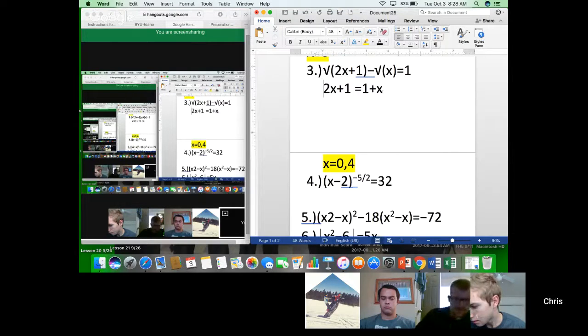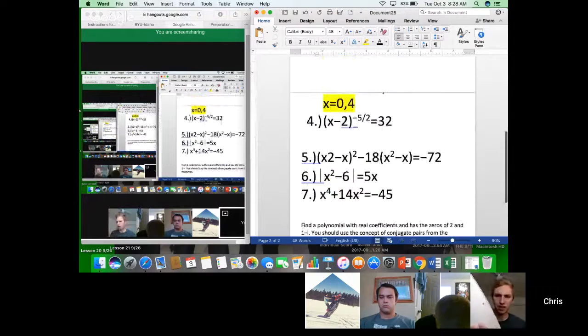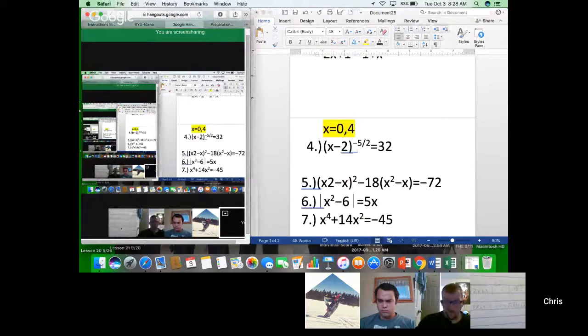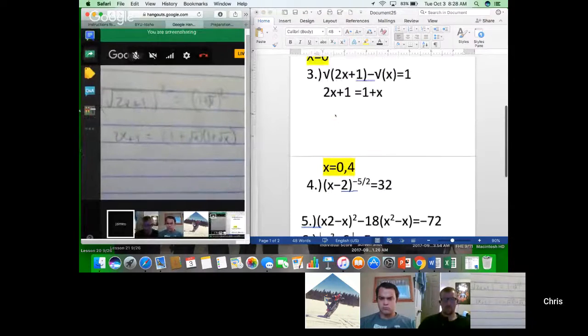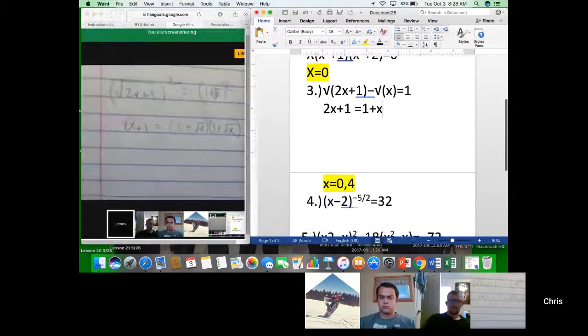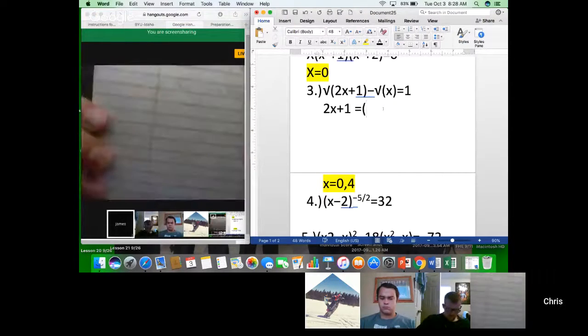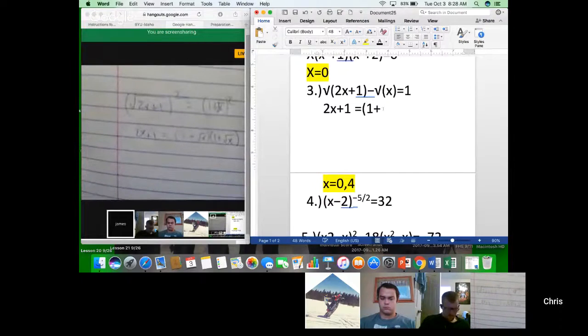I see what you're saying. What does it look like? Like you factor it out instead of getting rid of the radical. Oh, just hold it right there. So it'd be 1 plus radical x.